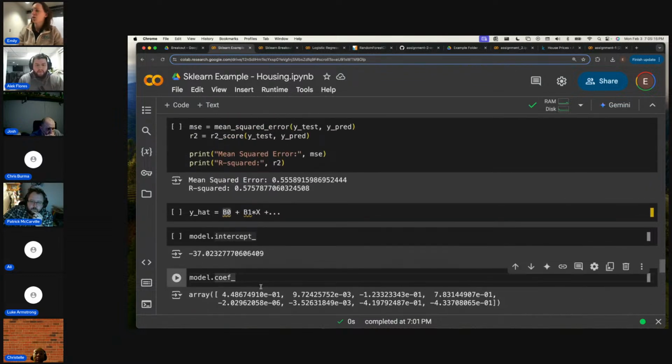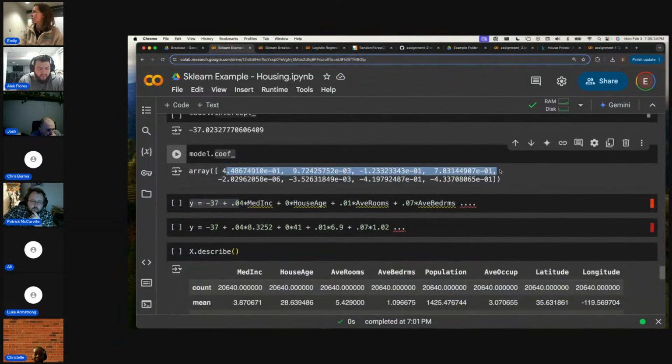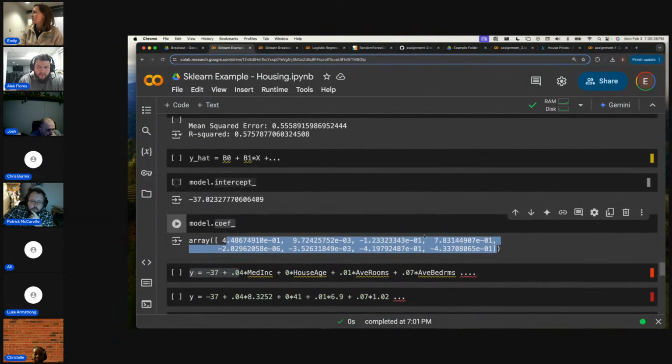We can also get the coefficients. Remember I said they're the coefficients, the weights, the parameters of the model, or the different words. In the sklearn package, it's called coef, which stands for coefficient. You do have to put an underscore afterwards. If you call model.coef_, this is how you get your model coefficients. Here we have 4.4, and notice it's e to the negative 1 here.